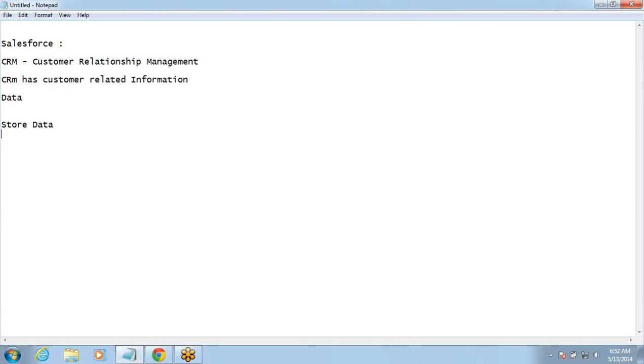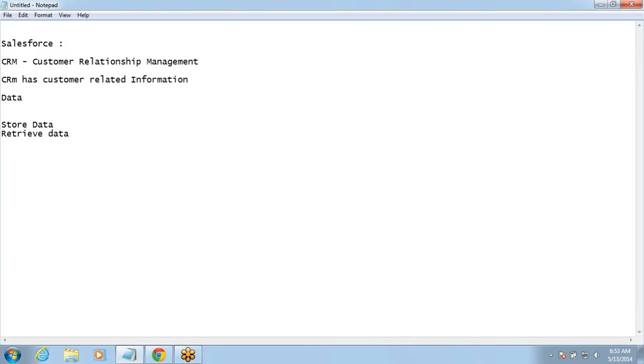Secondly, you also need to retrieve data. Putting the data into the system is one part. Retrieving it, and with speed, fast retrieval of data is also required.